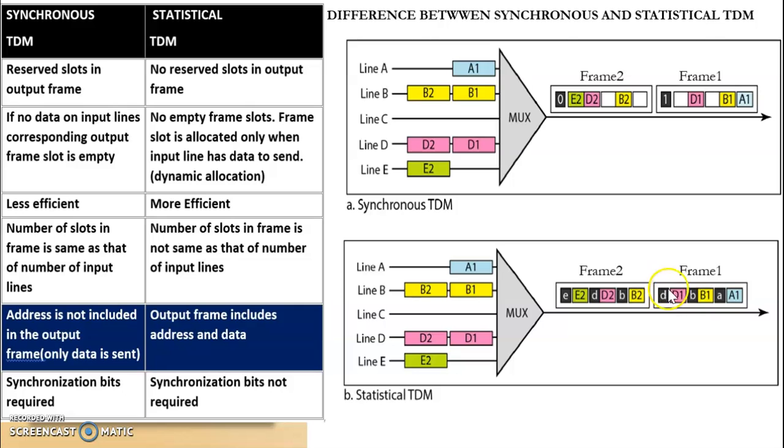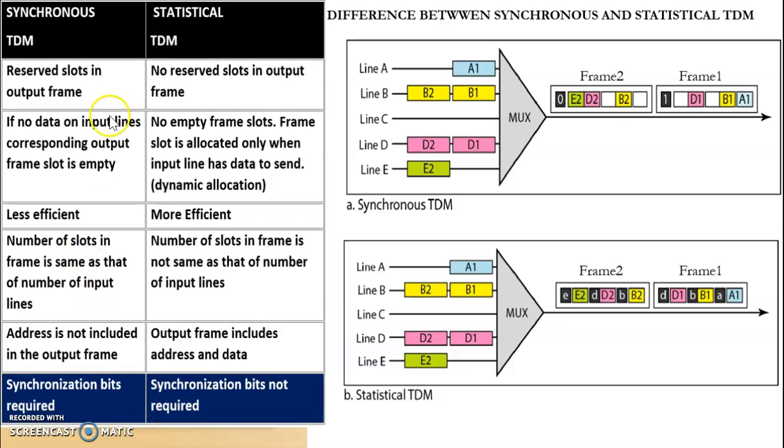Similarly over here this is the address and this is the data. Same way for this frame also, the address and the data units are sent. Now this addressing is important in statistical TDM because there are no reserved slots and we need to include the address of the receiver inside each slot to show where it is to be delivered.